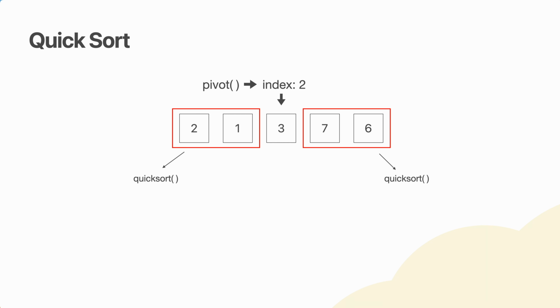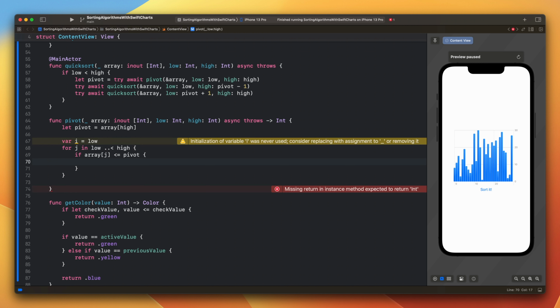So each time we need to compare the value of the array element with our pivot value. And if the element is smaller than the pivot, we need to swap element j with our element i.